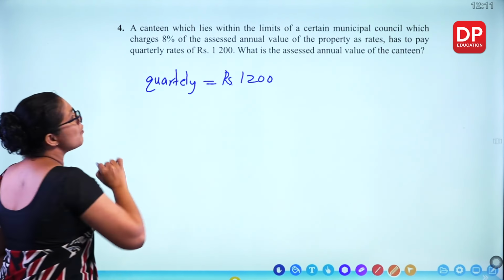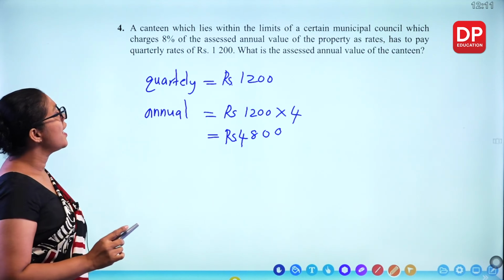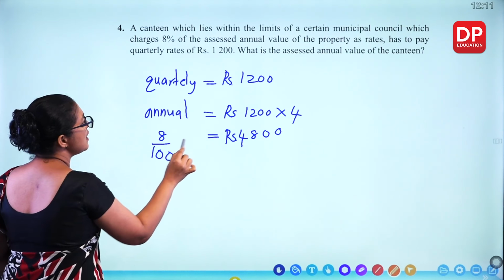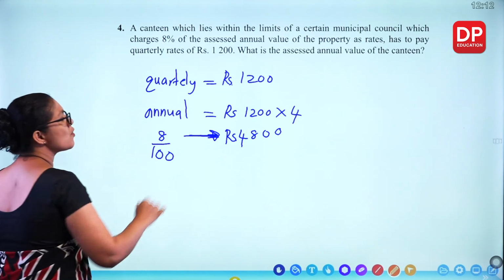So quarterly value is this. So what's the value for annual? You multiply by 4. That's the 8% value annually. So 8 over 100 means this much, 4,800.